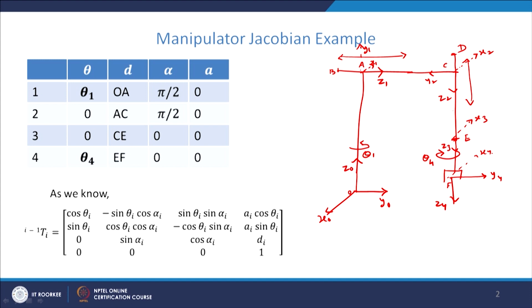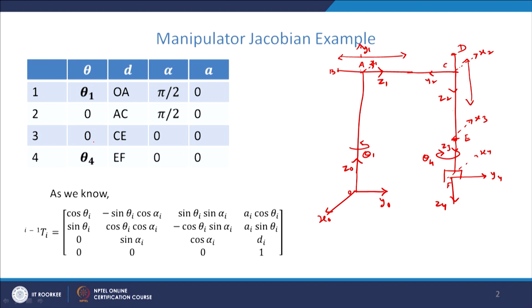After this we can fix the joint angles. Joint angles are theta 1 and theta 4, and these are the two variables, and theta 2, theta 3 are 0 here because the x1, x2 axes and x2, x3 axes are parallel.